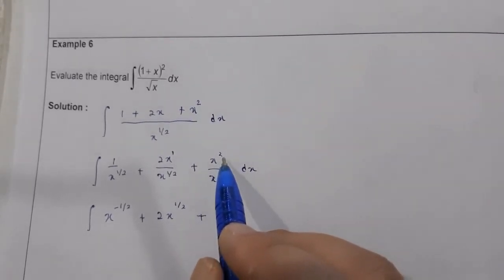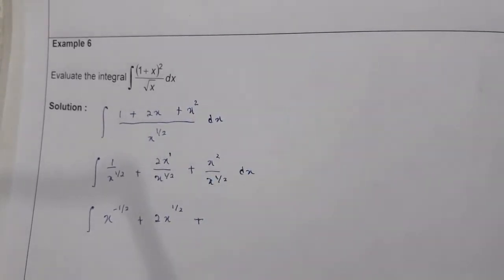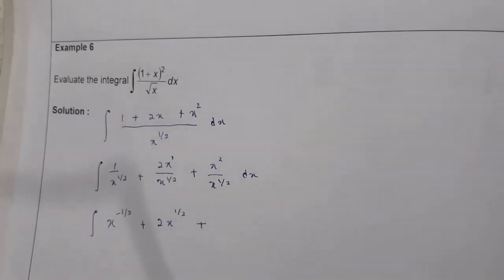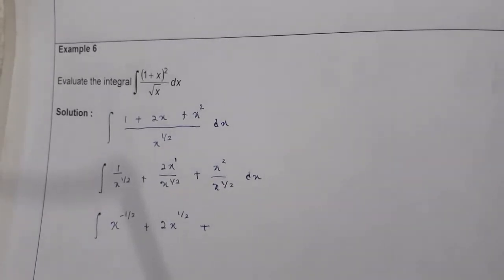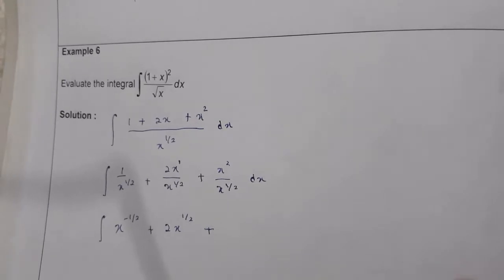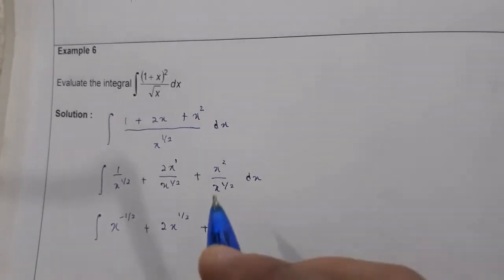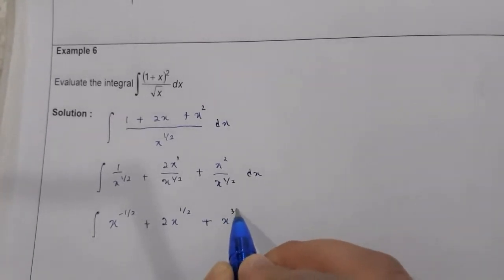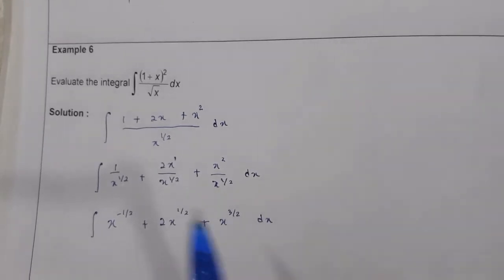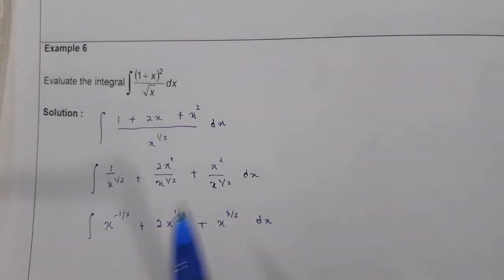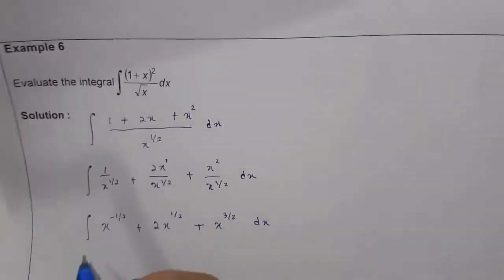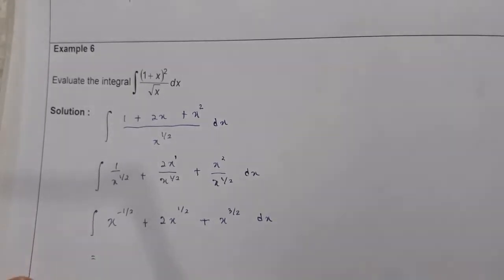Okay, minus the power. 2 minus 1/2, we get 3/2. Okay, now we have separated all the terms, simplify. We can finally integrate one by one.